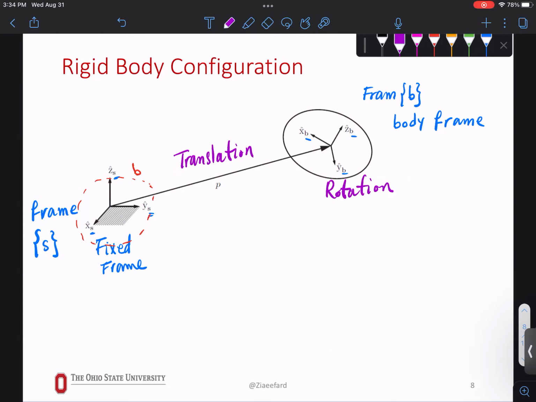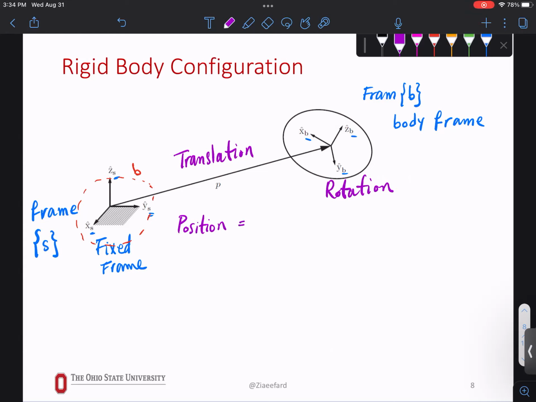So we measure the origin of that point in our original frame, because we know where this is. This is 0, 0, 0, right? And then we want to know what P is. So to show P, let's say we are talking about the position of this new object.